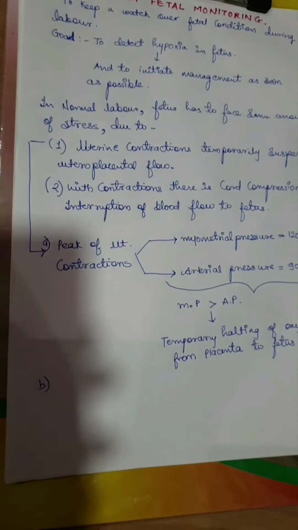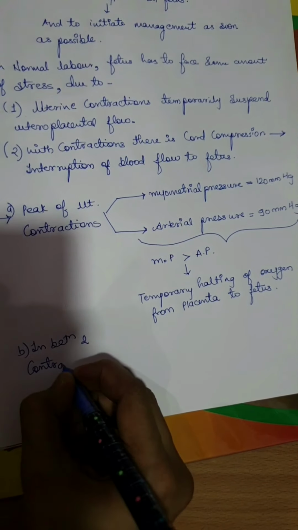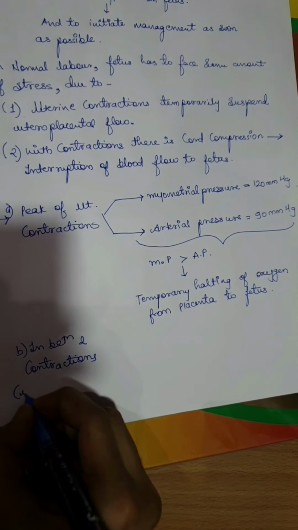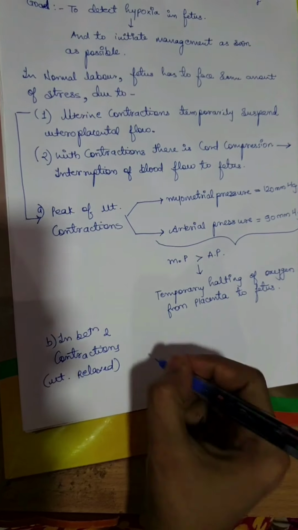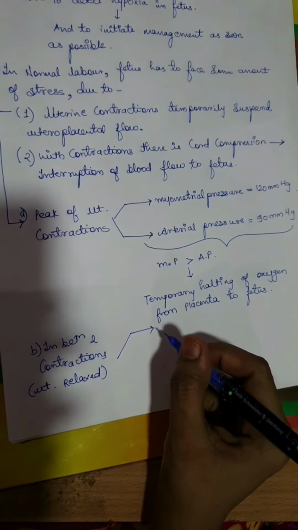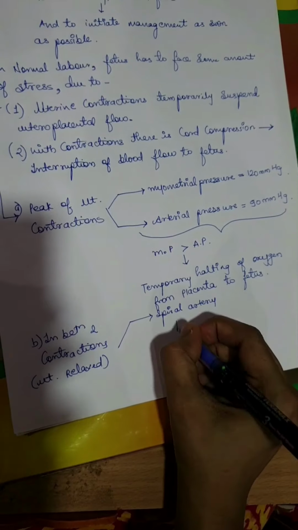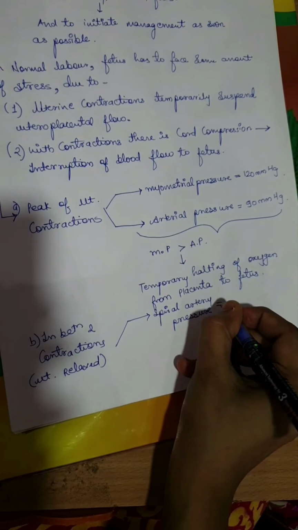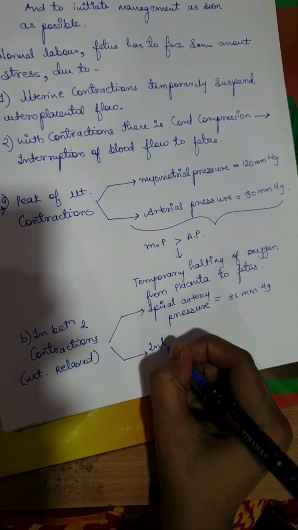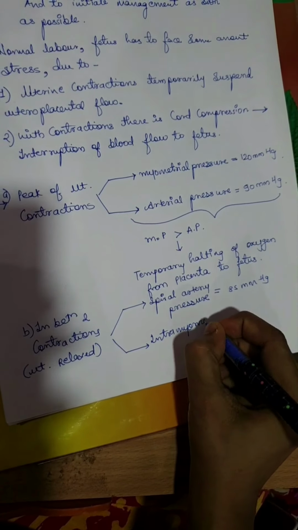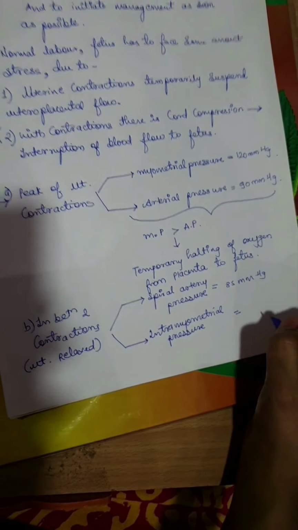Now what happens in between two contractions, when the uterus is relaxed, meaning there are no contractions? In between the two peaks of contractions, what occurs? The intraluminal spiral artery pressure becomes 85 mm of Hg, whereas the intramyometrial pressure is 10 mm of Hg.